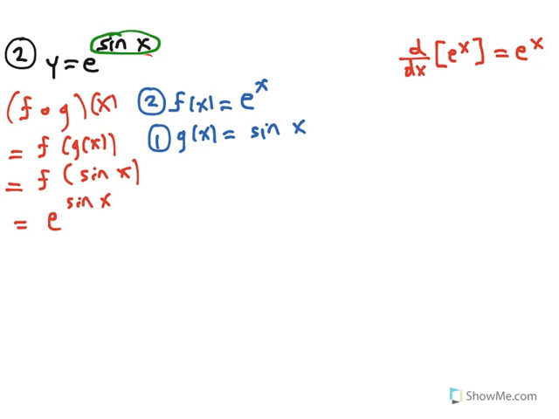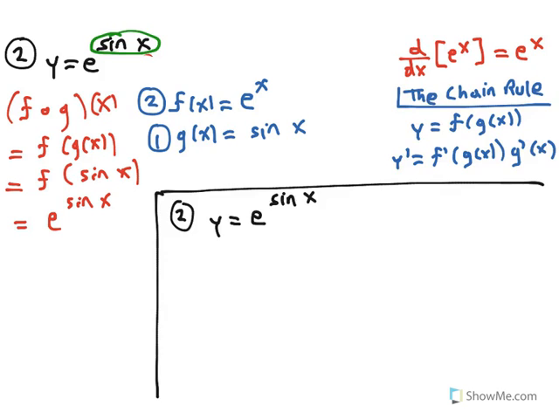So now, understanding that, we're ready to find the derivative using the differentiation rule for e to the x along with the chain rule. So to find the derivative of y is equal to e to the sine x, we begin by using the chain rule because we have a composition of two functions.